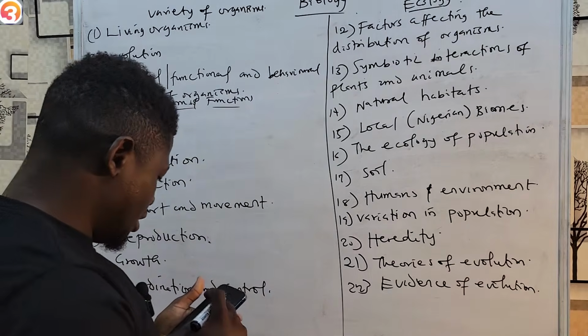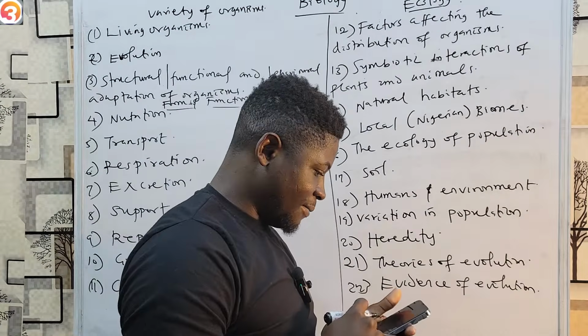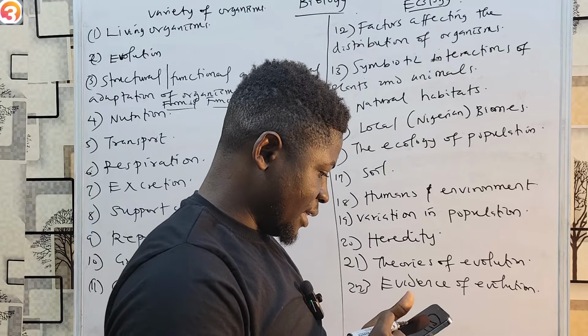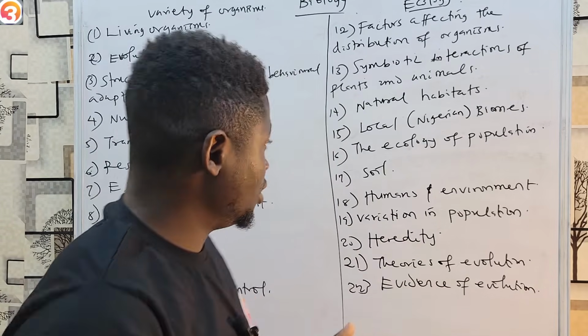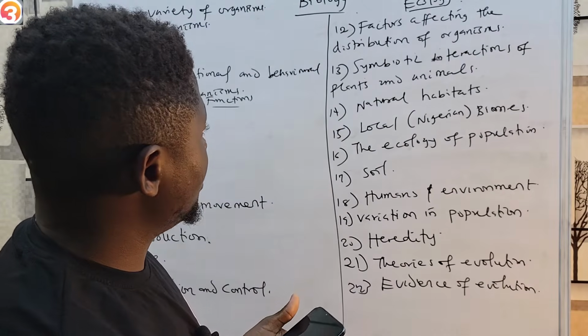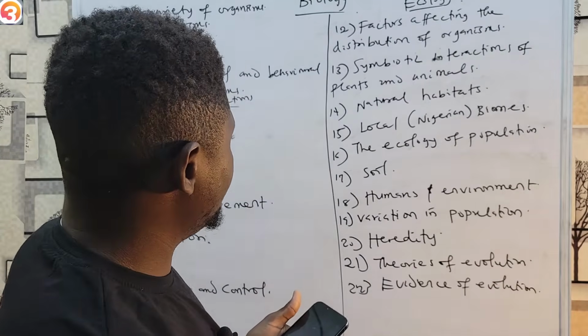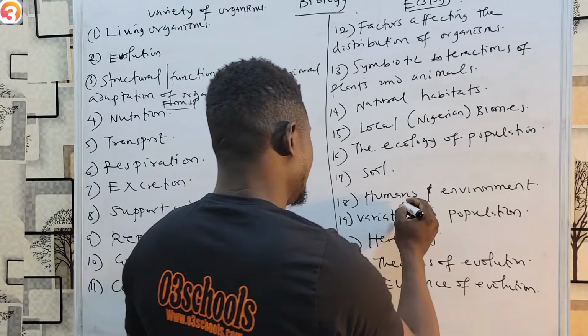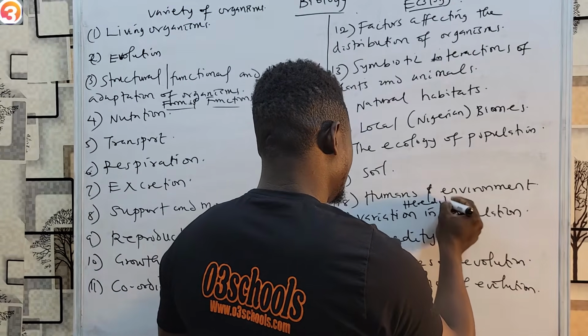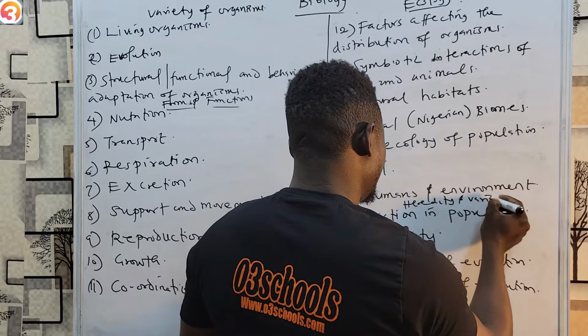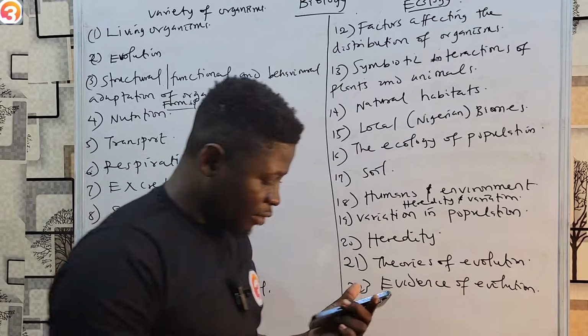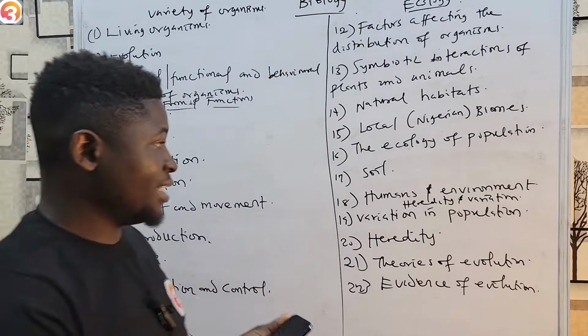After form and functions, then we have another breakdown: heredity and variation. We started from variation in population, heredity and variation. So these are the parts the JAMB syllabus is divided into, right?